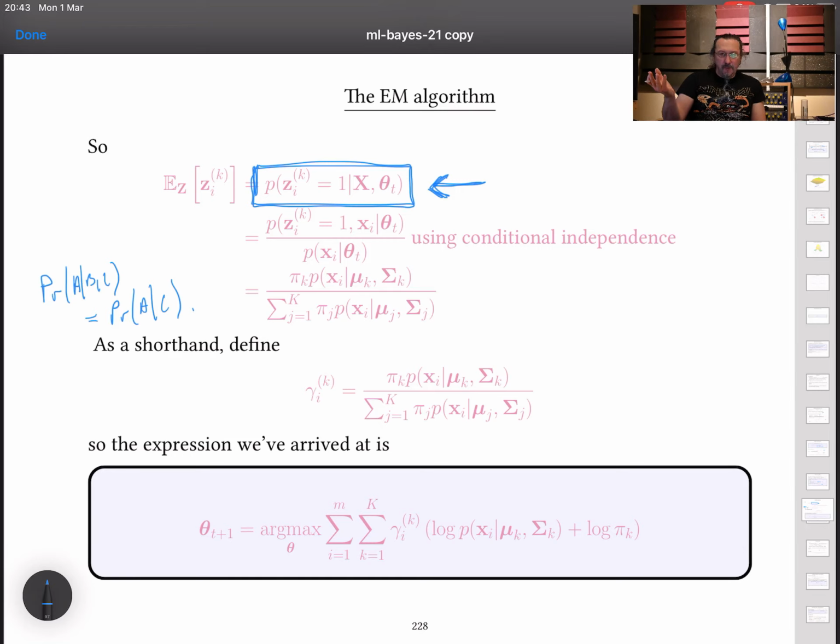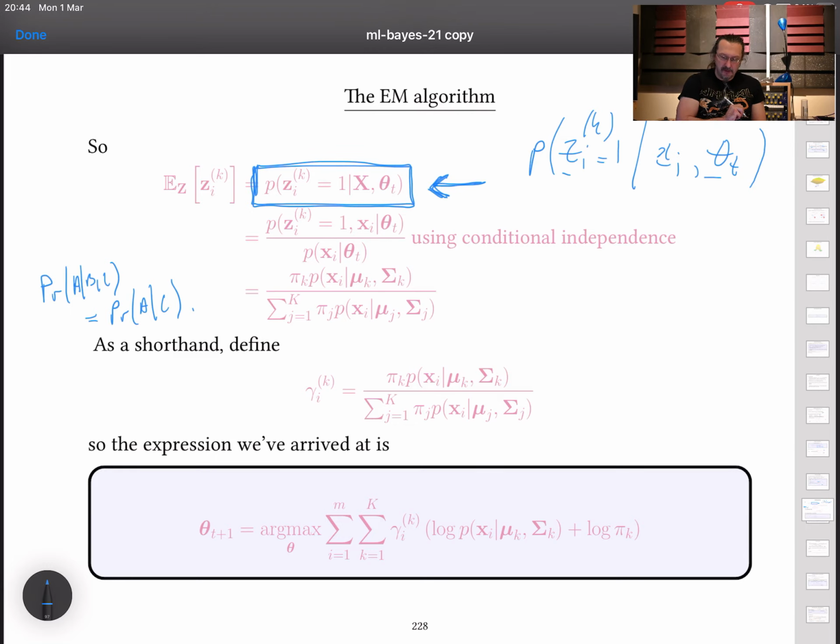We can say that the probability of zik being 1, given all the data, capital X, and the parameters, is equal to just the probability of zik being 1, given the ith training vector and the parameters.